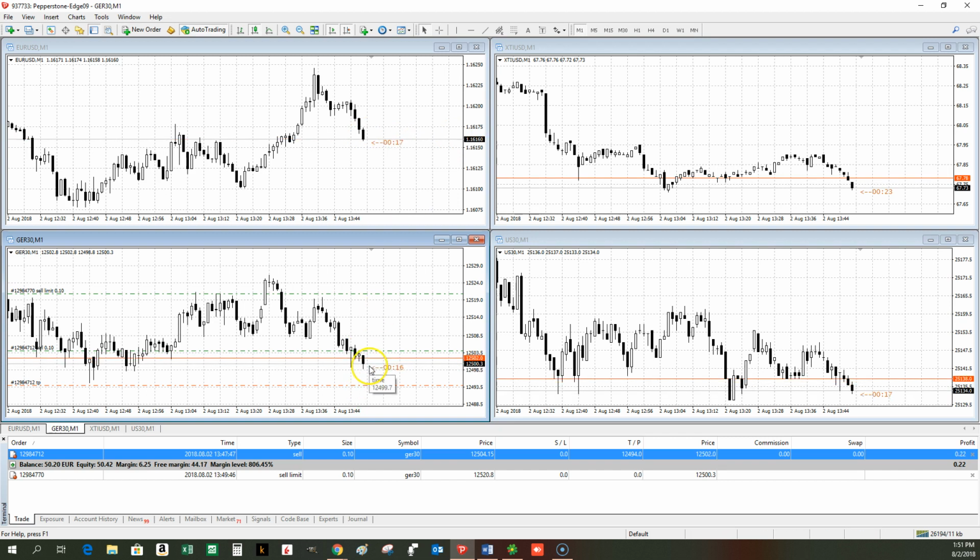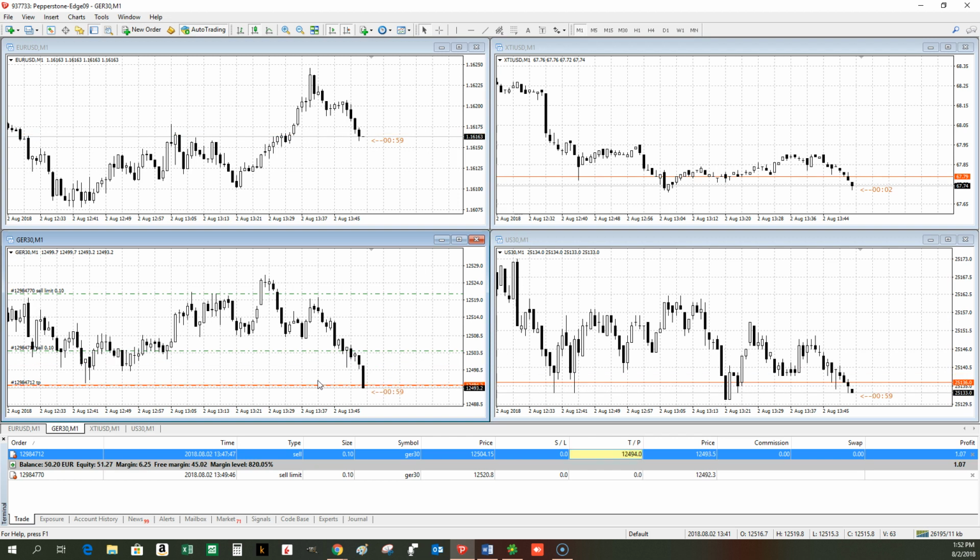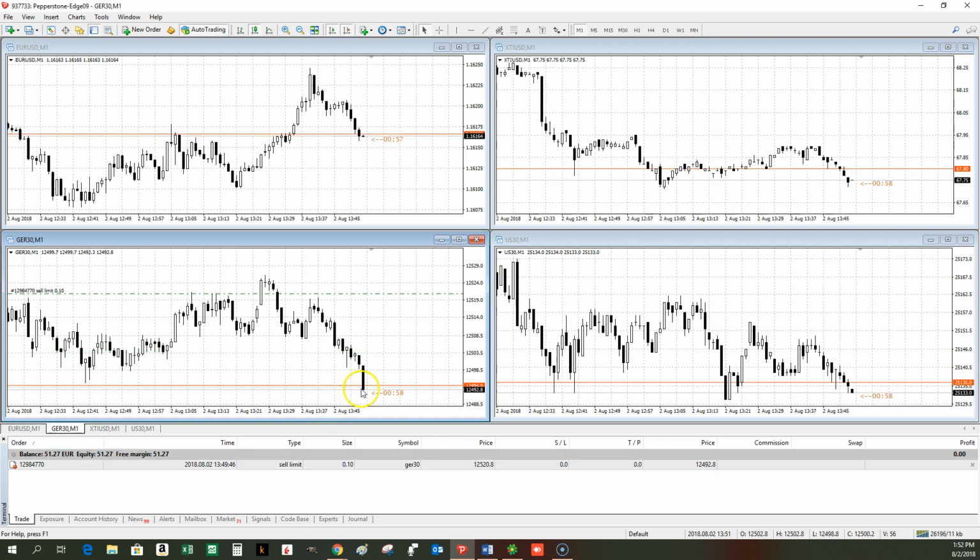Now we see that we have 20 cents to 30 cents position. If we break the support here, the support was broken.